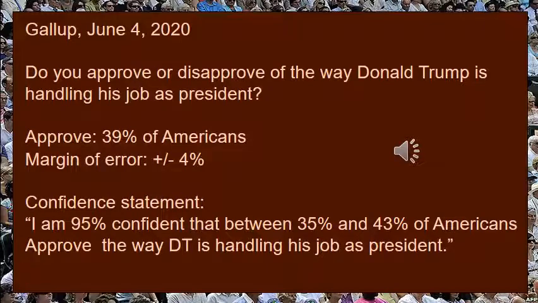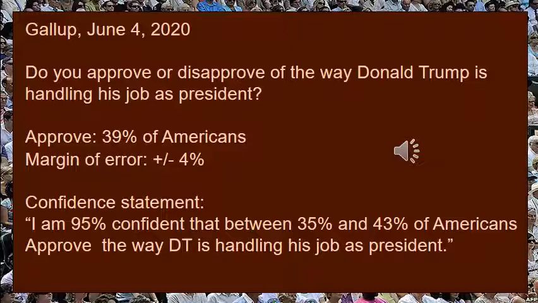It's a real-life example. Gallup, last June, asked American citizens the following question. Do you approve or disapprove the way Donald Trump is handling his job as president?